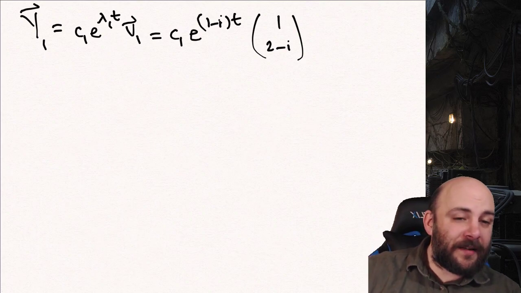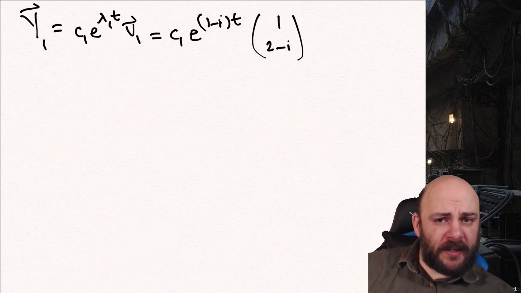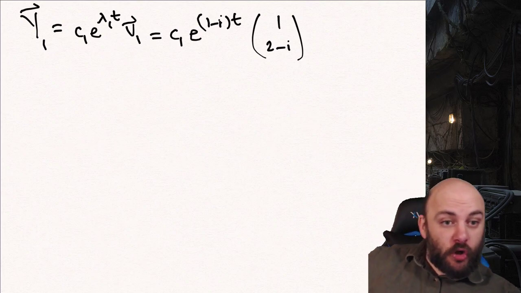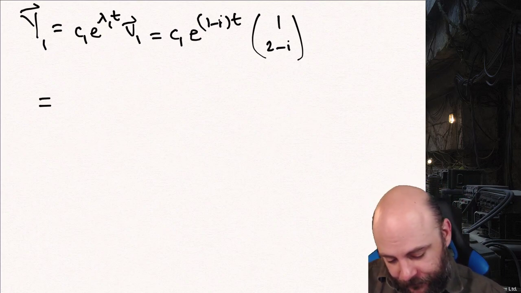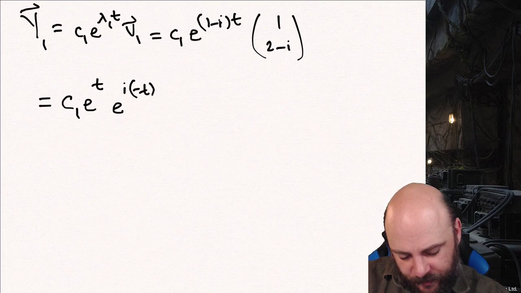This is complex valued. It's awful as far as interpreting the outcome of a real valued problem. So let's make them real valued. Step 1: break up the exponential into its constituent parts like that.